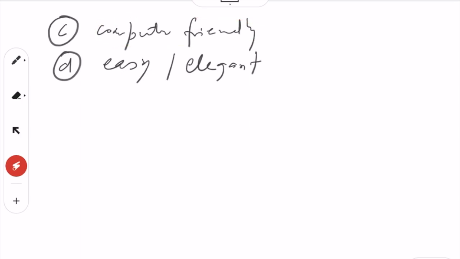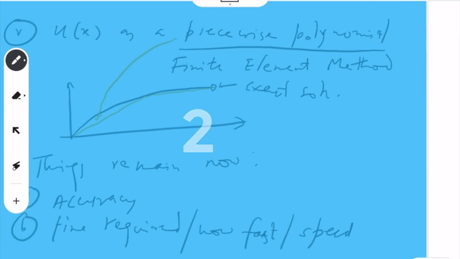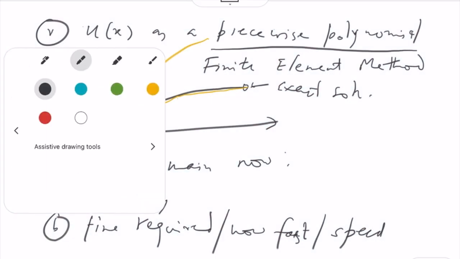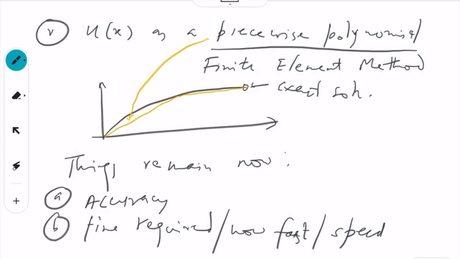So we look at a few things, some ideas. All those things I should write here: the things that remain, and how exactly we choose u(x) and w(x).